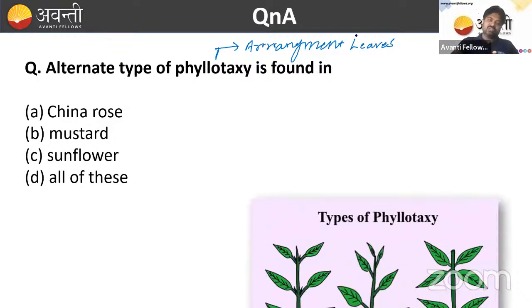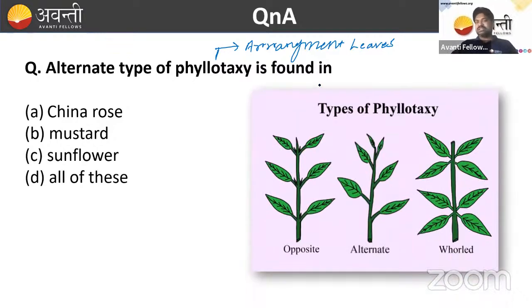And the arrangement of leaves is of three types majorly. First is the opposite. You can see one leaf here and the second leaf on the exact opposite side. This is known as the opposite phyllotaxy. Next is the alternate. Here you can see one leaf is here and the next one is there.